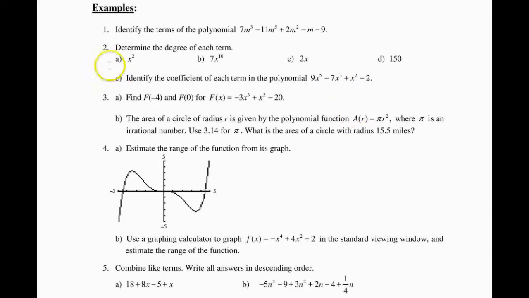So, example 1, identify the terms of the polynomial. Well, this is really critical. What is a term? Well, we say a term is something in an expression that is separated by either a negative sign or a positive sign as a general rule.